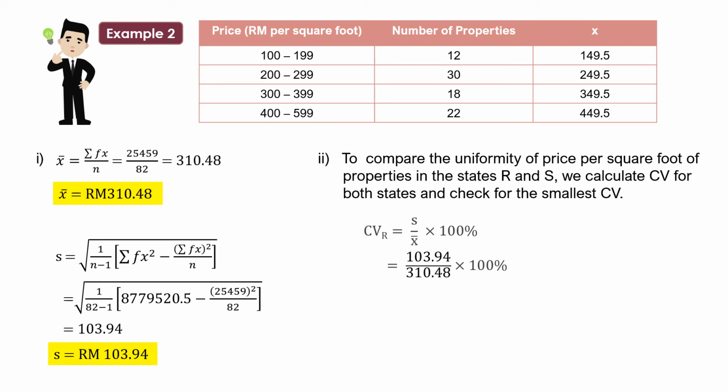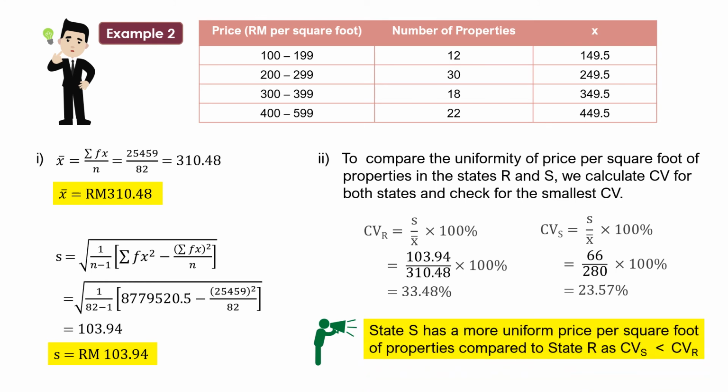For state R, we found that the CV is equal to 33.48%. Meanwhile, for state S, the coefficient of variation is equal to 23.57%.